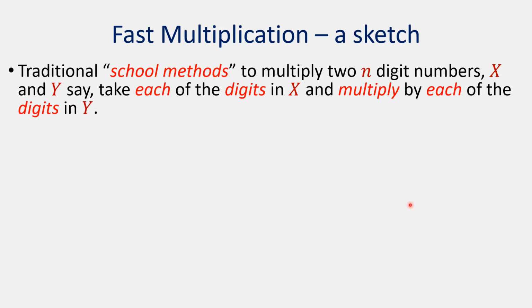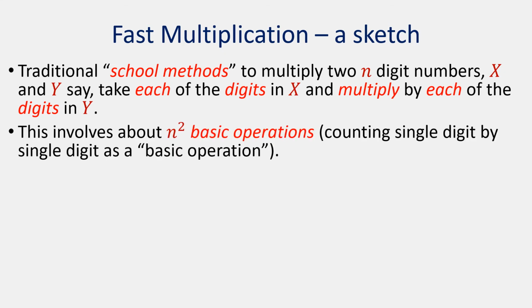In that algorithm, we take two n-digit numbers, we take each of the digits in one, multiply it by each of the digits in the other, and add the collection of outcomes up. If we count the number of basic operations that process uses, it turns out to be roughly the square of the number of digits in our numbers.